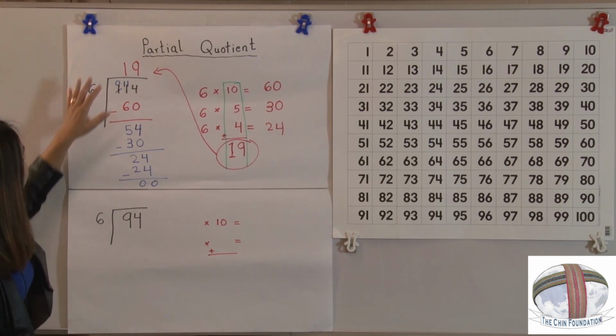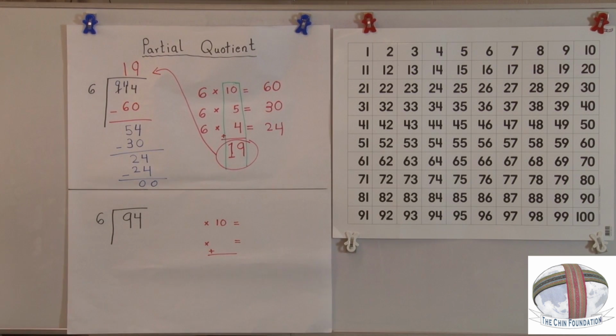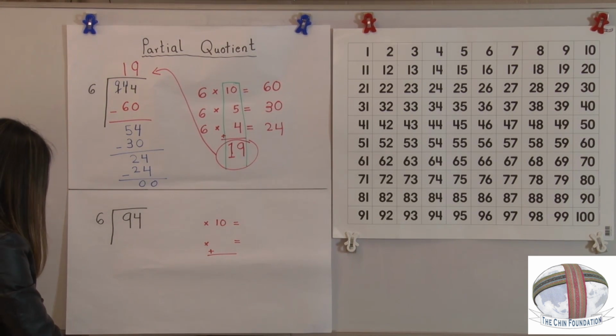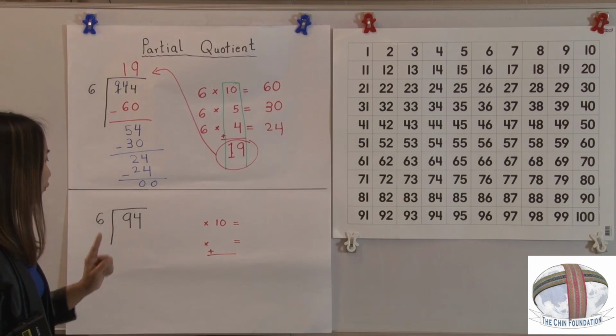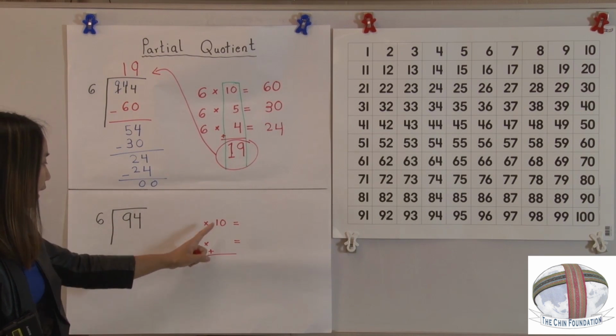Okay, let's do the next one. This is 2 digit and 1 digit. Like I told you before, we can't do the fancy multiplication facts because if we don't know them, we won't get it right. So, 10 times.